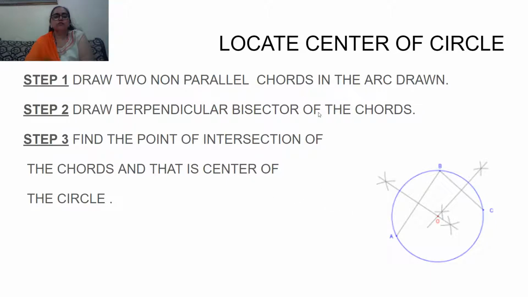To locate the center of the circle, draw two non-parallel chords in the arc drawn. Draw the perpendicular bisector of the chords, and the point of intersection is the center of the circle. Using this center, he can complete the arc and the circle.